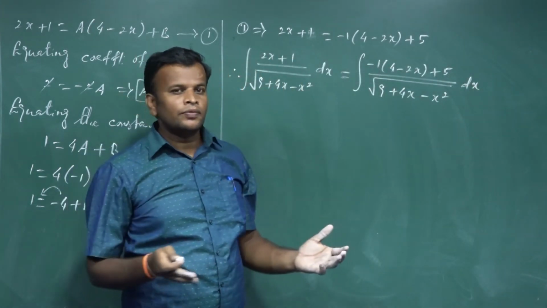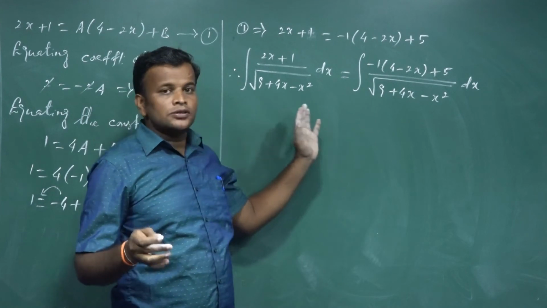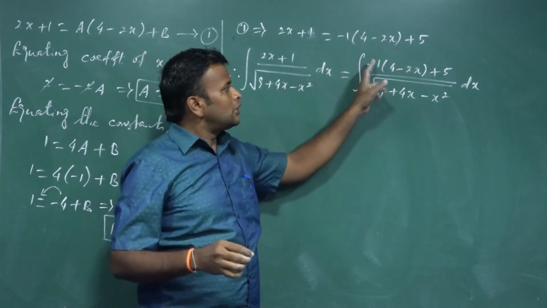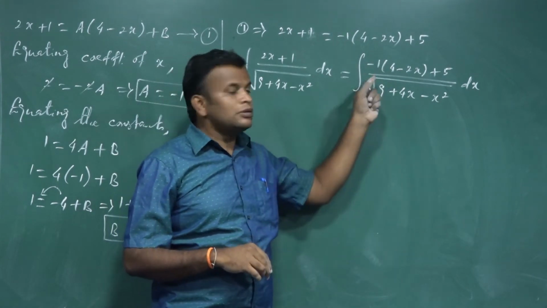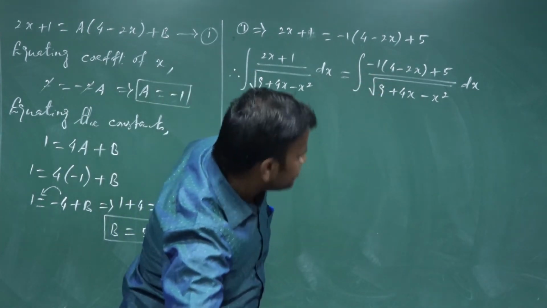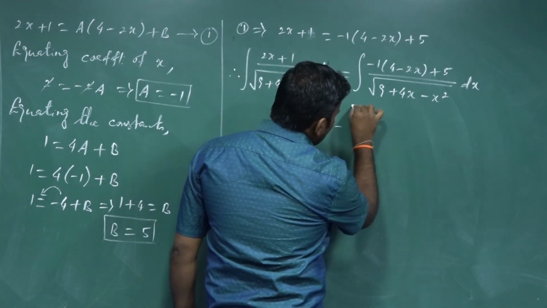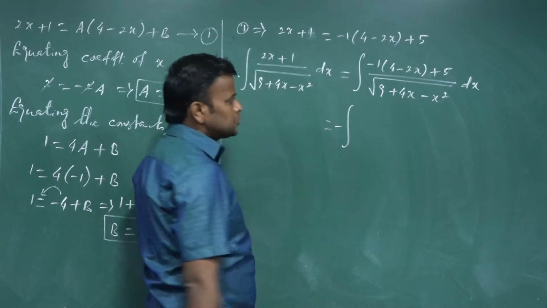The next step, we split in 2 times. You don't multiply inside. Okay? Actually, minus 1 into anything is nothing but minus sign. So I split in 2 times. For our understanding, I will take outside minus first of all.